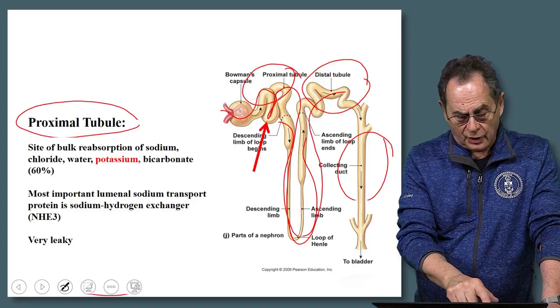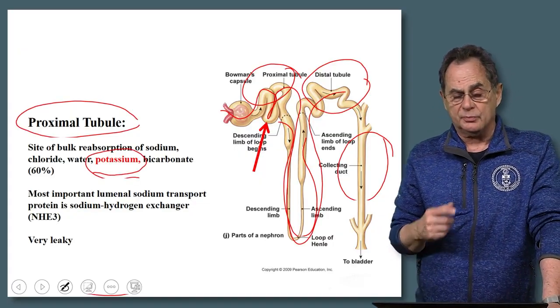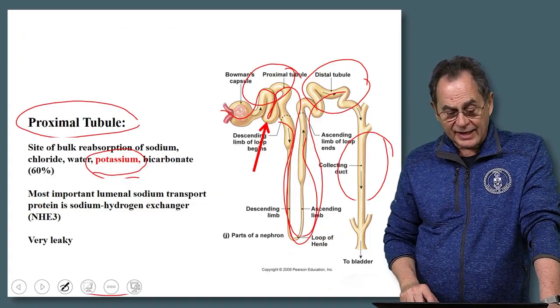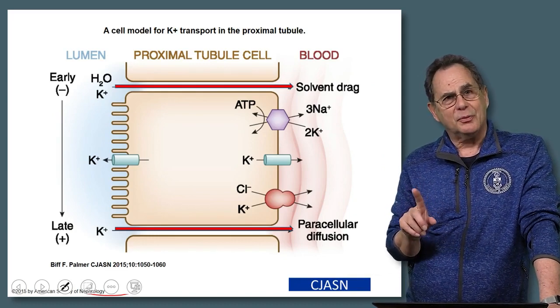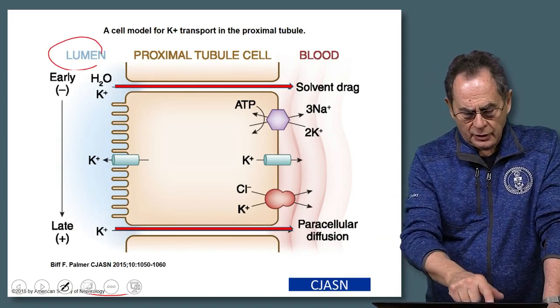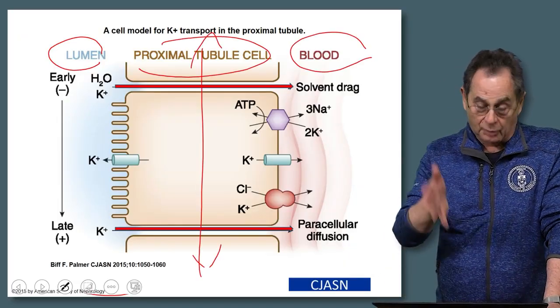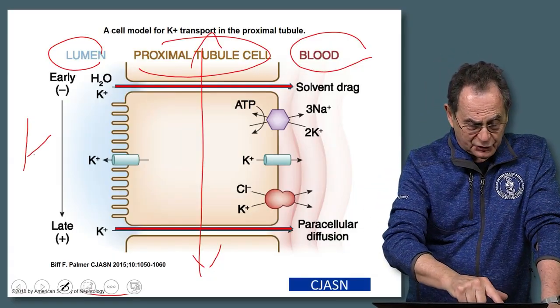I showed you in one of the earlier lectures on tubular function that potassium is reabsorbed in the proximal tubule. And it tends to be reabsorbed in a manner that's shown here, which might be surprising. So here's a lumen, here's a proximal tubule cell, and here's the blood compartment or the peritubular capillaries on the other side. Potassium is small.